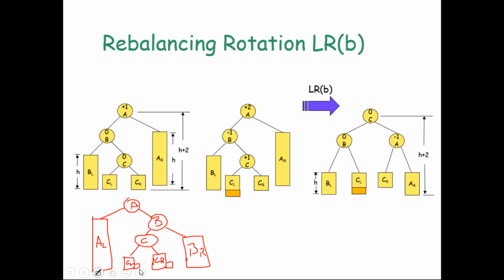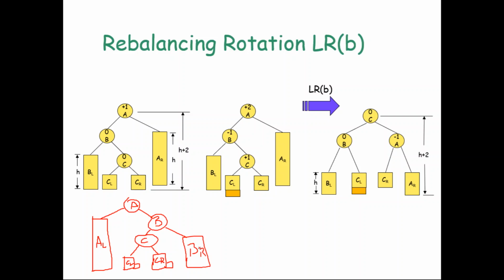In the first case, if I assume that the insertion is done here, then you have to rotate B to the right. When you rotate B to the right, C will become the root and CR will become the left of B. In the second case, when you perform insertion in CR, again you have to perform a right rotation.